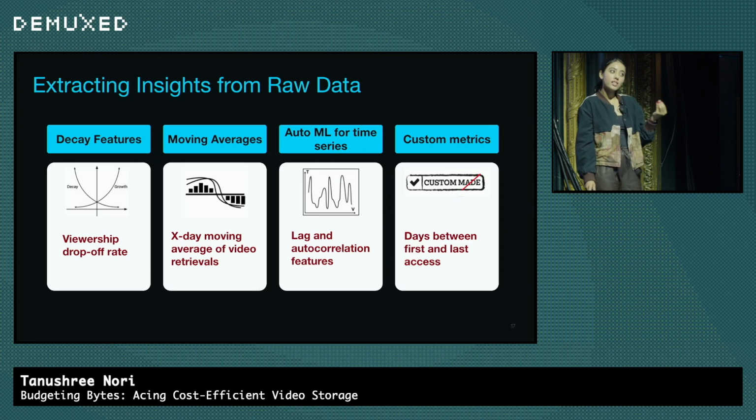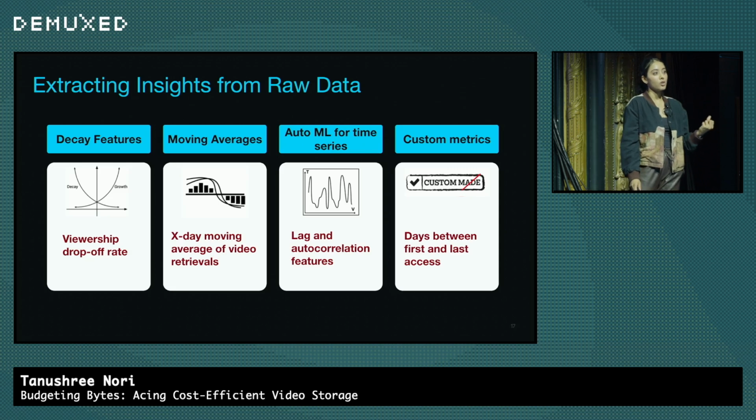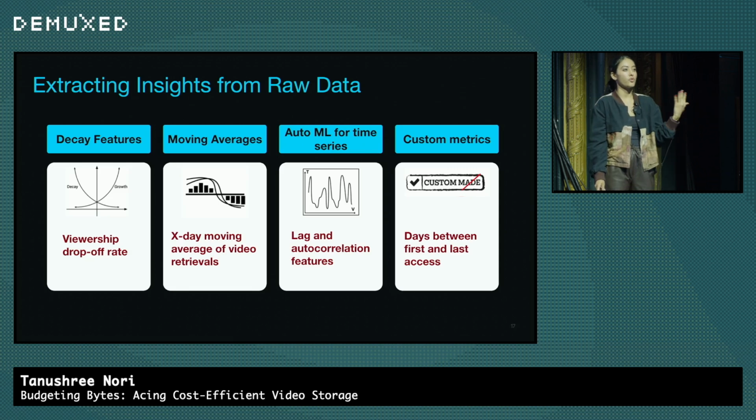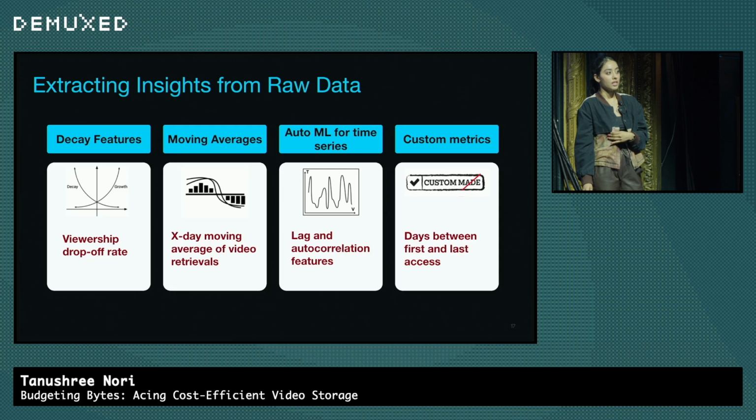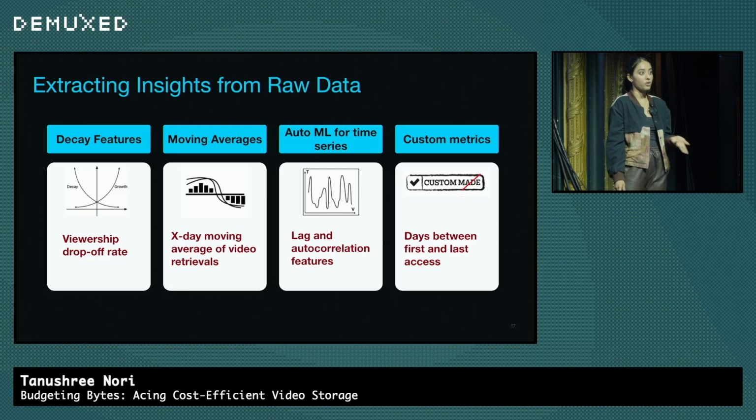You don't want to rely solely on this because these libraries lack the domain knowledge that you possess, and they also run the risk of overfitting for the goal. And lastly, we have custom features.